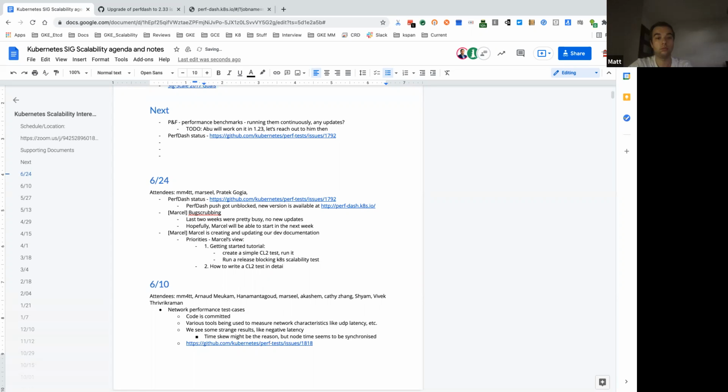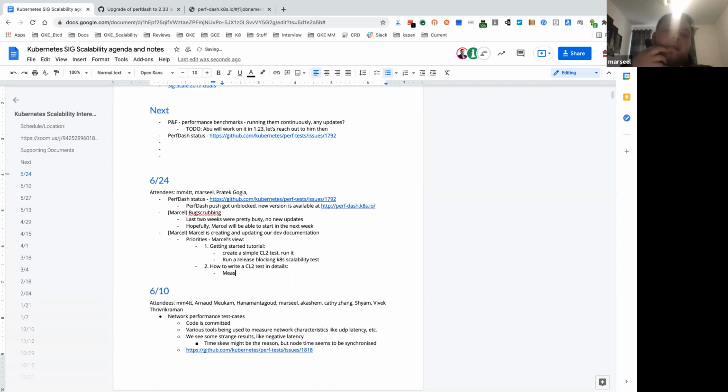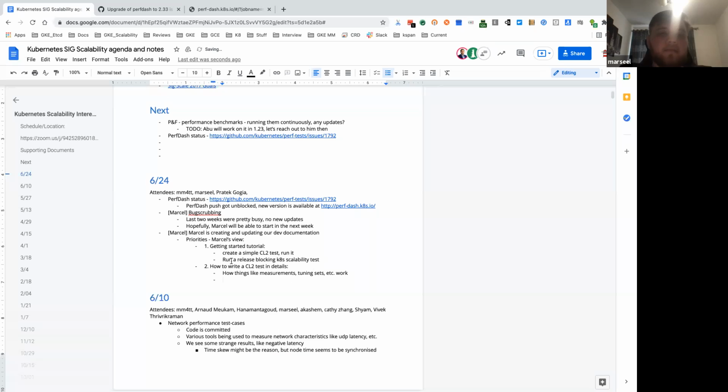So I think those two are probably the most important because most of the times people are using our cluster loader or they want to use it. And then, in my personal opinion, the third priority would be explaining how to extend cluster loader.